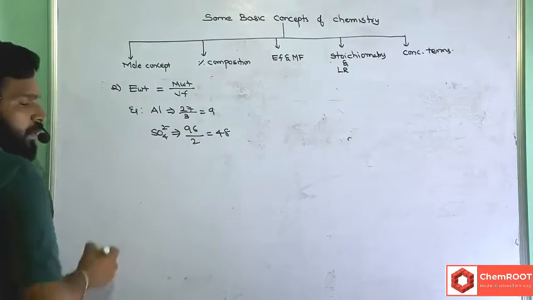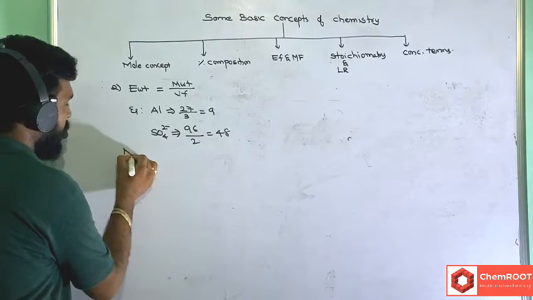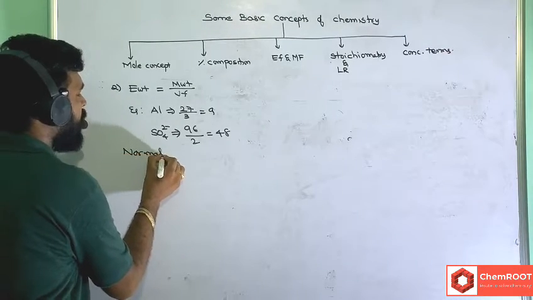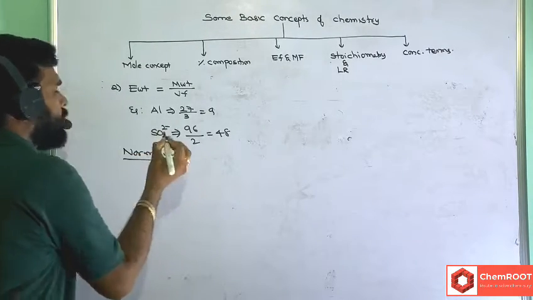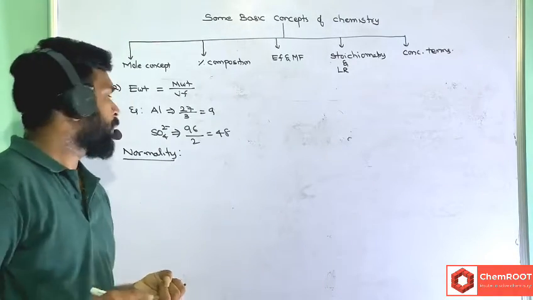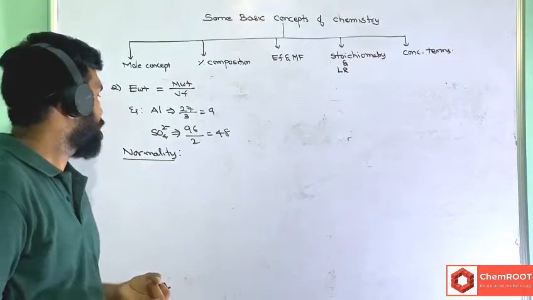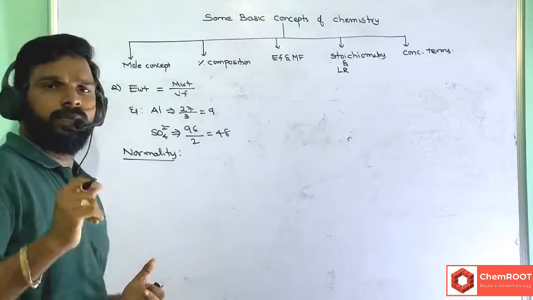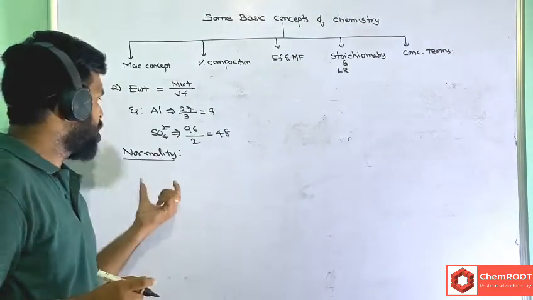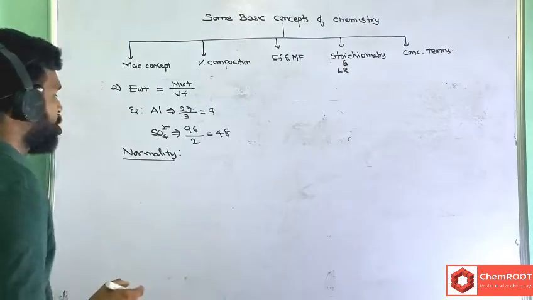Okay. So once we know the equivalent weight, we can now use the concept of normality. Normality is an important concept related to titrations, okay, and related to redox titrations, and when doing dilution also we use the normality concept.